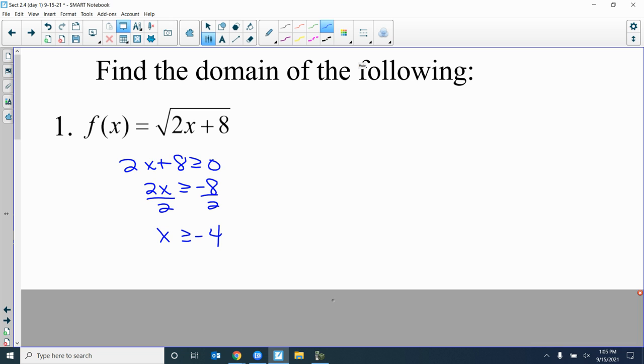All right, I want you to put that in interval notation. Also, go ahead and pull your calculators out. Graph that function on your calculators. I want you to see how the graph corresponds to the domain.